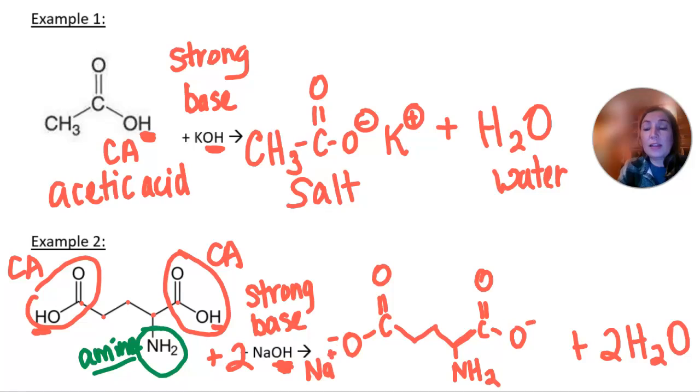So let's squeeze in an Na plus on each side of the molecule. So two Na plus, and we make two waters. Because this molecule has two carboxylic acids, we have a doubling of everything. But we have a pattern here: acid and base make a salt and water. It's just that here we have these carboxylate salts.